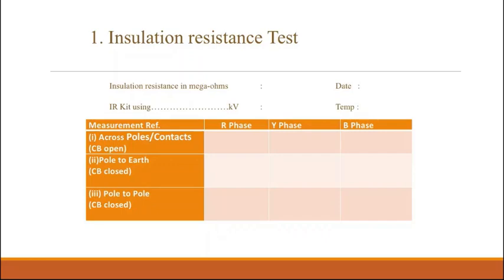That is pole to earth, or phase to earth, and also phase to phase, like R phase, Y phase, B phase. We can check the insulation resistance level. So this is the first test. Why are we conducting this test first? If there is any short between any phases or any phase to earth, we have to ensure this test first, before proceeding with any other test.